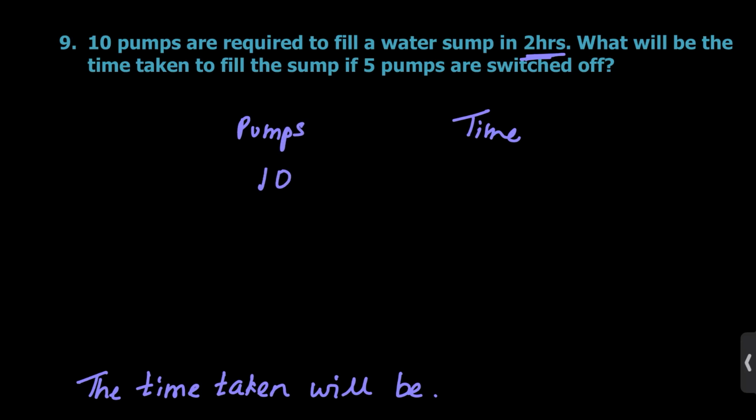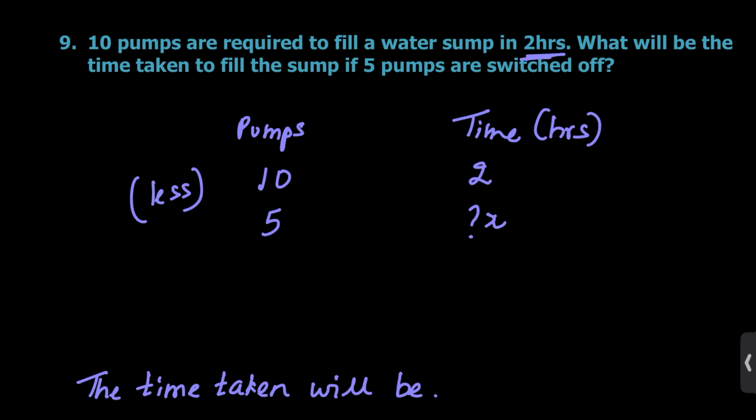10 pumps are required to fill a water sump in 2 hours. Time is in hours. What will be the time taken to fill if 5 pumps are switched off? So now instead of 10, how many are there? Only 5 are remaining because 5 are switched off. How much time will this take? Okay, this is X. So the number of pumps has decreased.